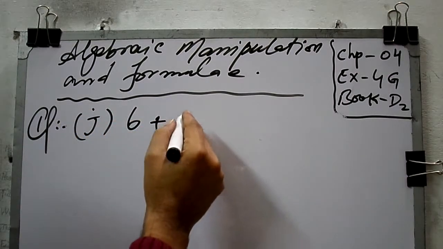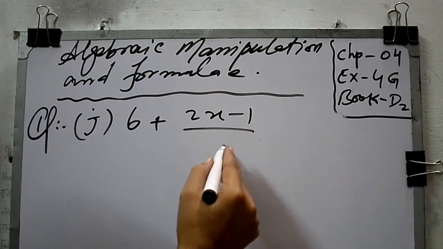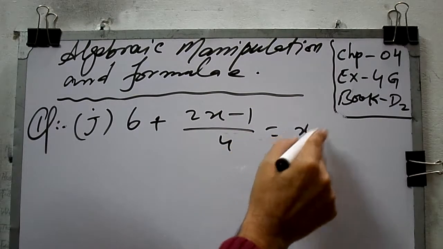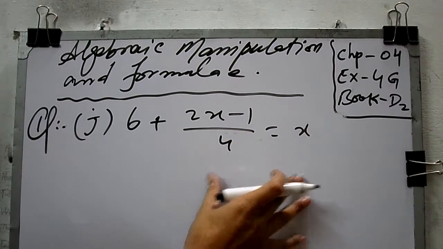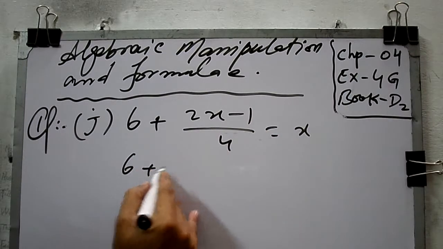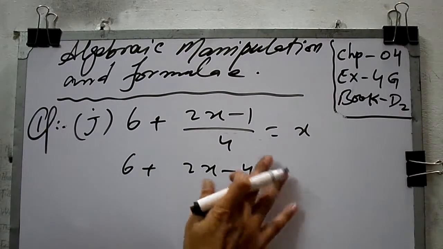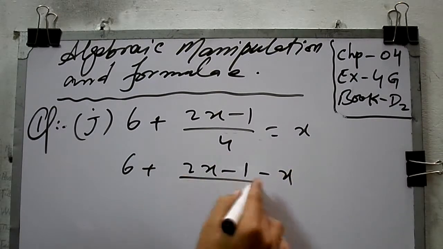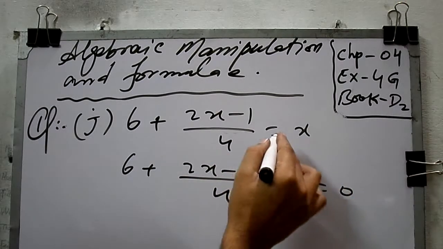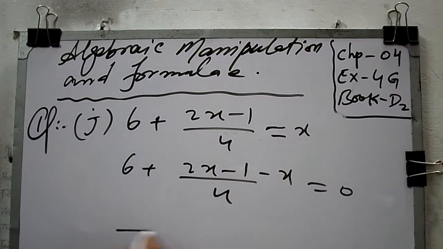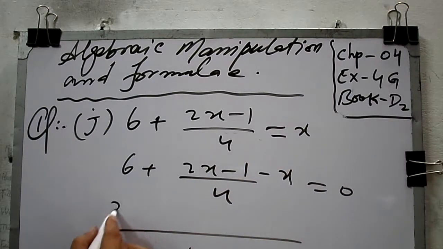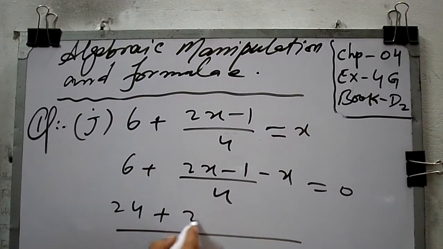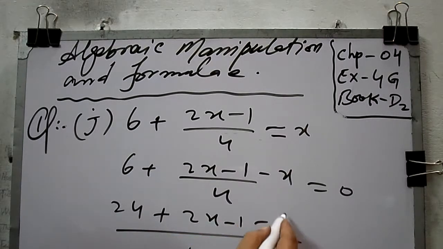6 plus 2x minus 1 divided by 4 is equal to x. So shift here, 6 plus 2x minus 1 minus x is equal to 0. So taking LCM, 4 is the LCM and 4x.